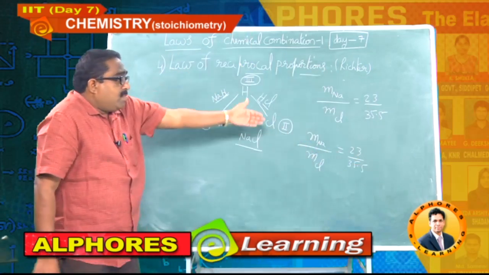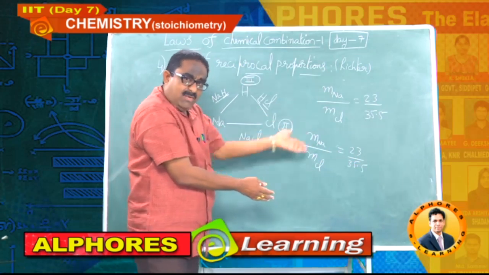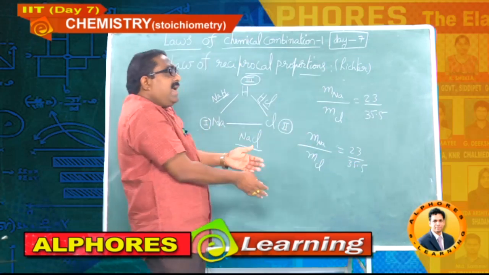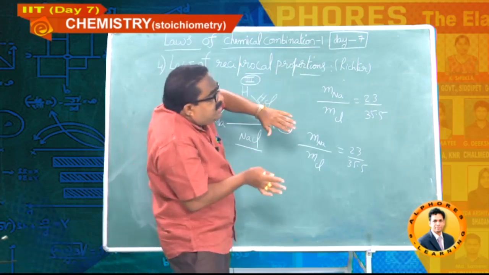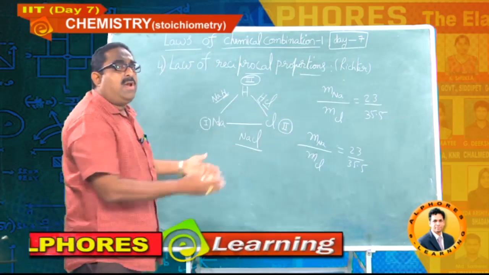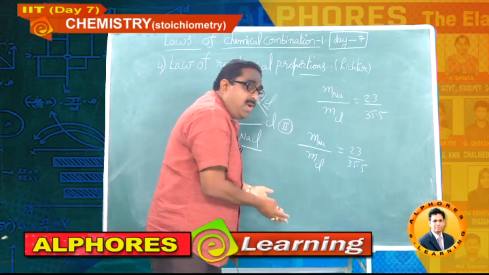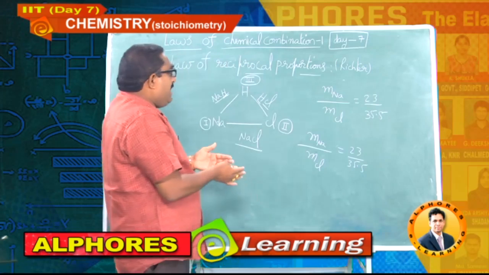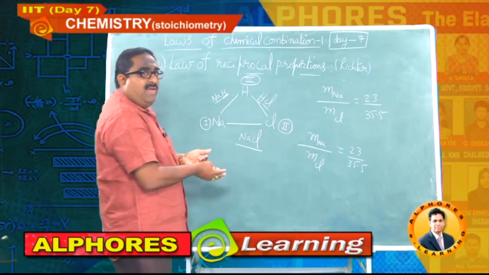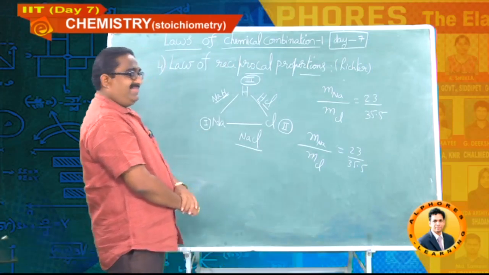So those two mass ratios will be equal to each other. Here it is equal. Or in some case, the ratio of these two ratios will be simple ratio. That I will explain by taking with another example, students. Please write it down.